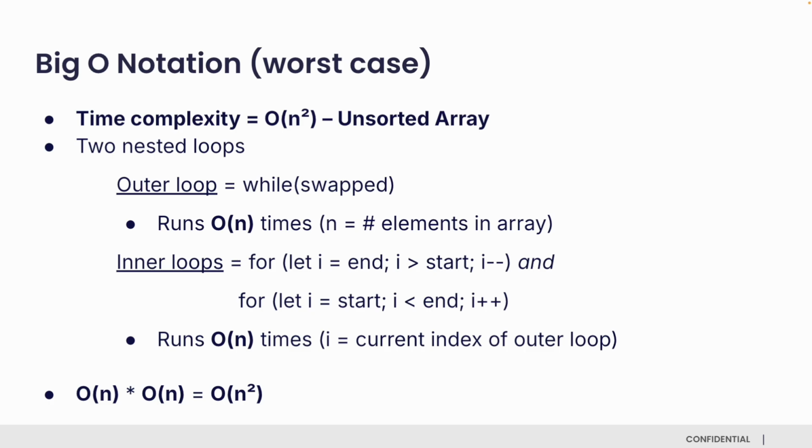Instead, we're going to combine the time complexity of the outer loop, which is O of n, with the inner loops, which together will run O of n times on every pass. As a result, the time complexity then becomes O of n from the outer loop times O of n from the inner loops, and that's what gives us the O of n squared.